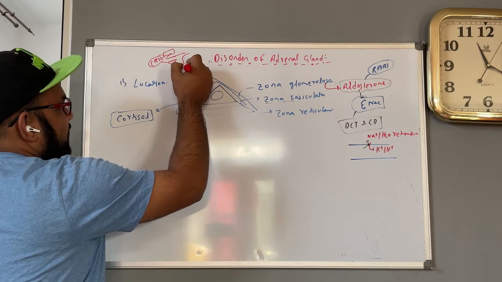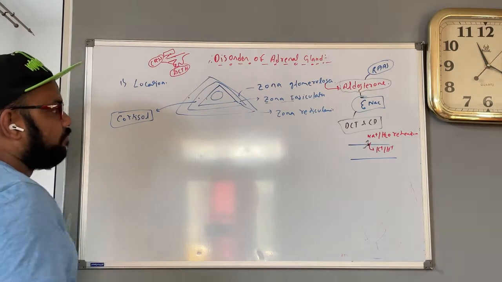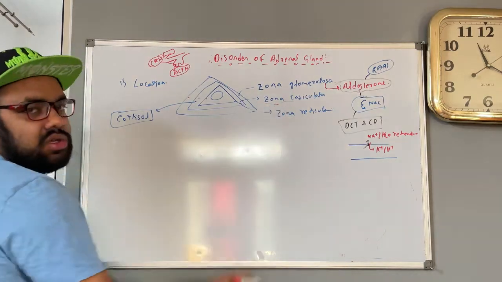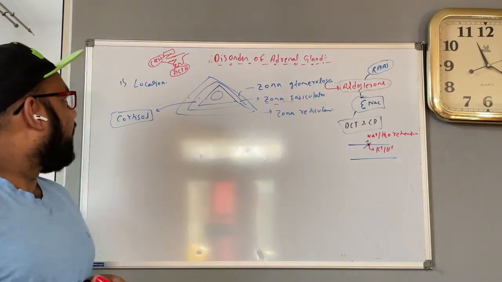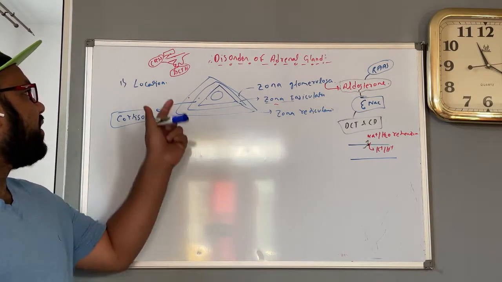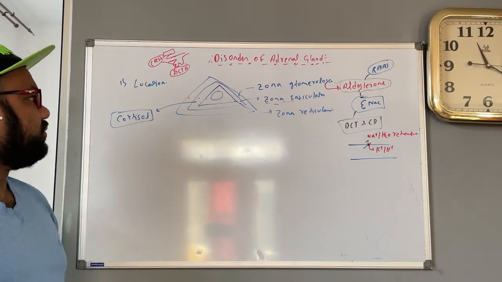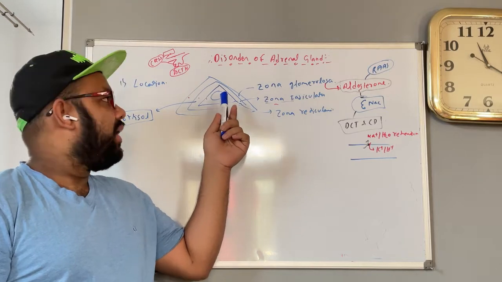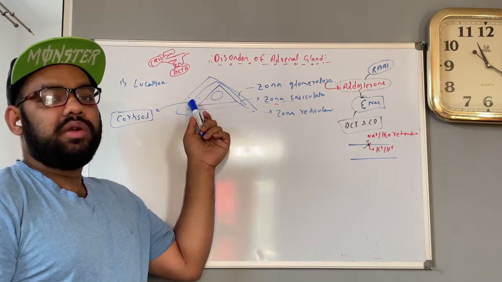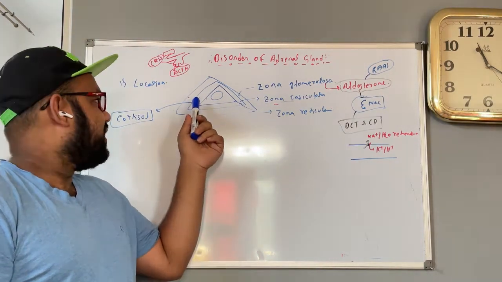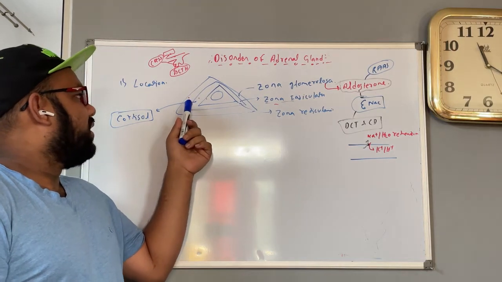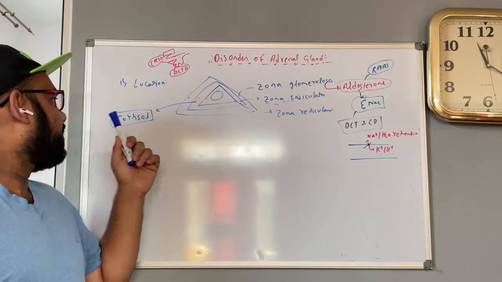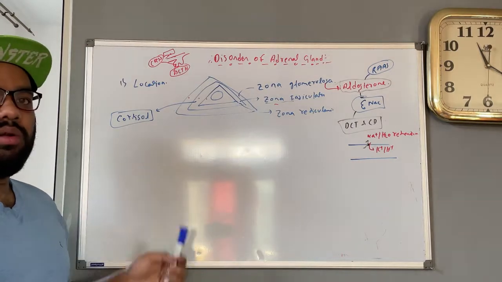This ACTH has receptors within the zona fasciculata. So, what did I say up to now? First we get the release of CRH from the hypothalamus, which activates the anterior pituitary cells to release ACTH. This ACTH has receptors within the zona fasciculata, and after that we get the release of cortisol.